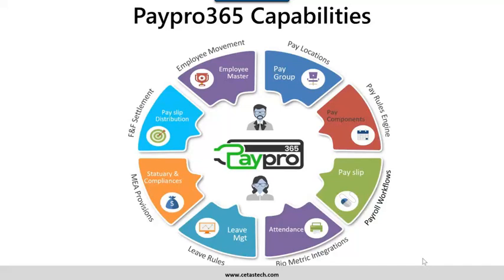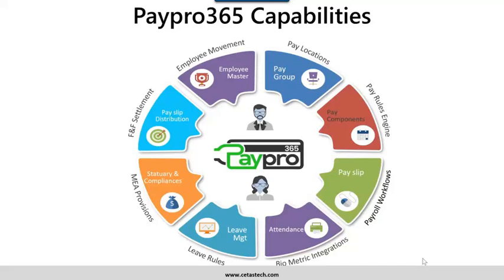Then you've got the statutory requirements that are required for the MEA market. Specifically, if you look at UAE, we've got the WPS coming in. Then we've got the gratuity calculation, which could vary from a free zone to a non-free zone company. The calculation of your leave and end of service benefits and those kind of things are taken care of.